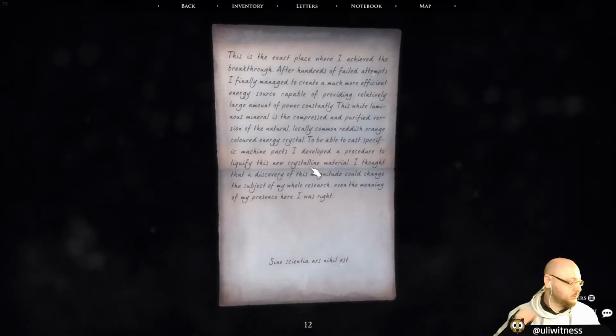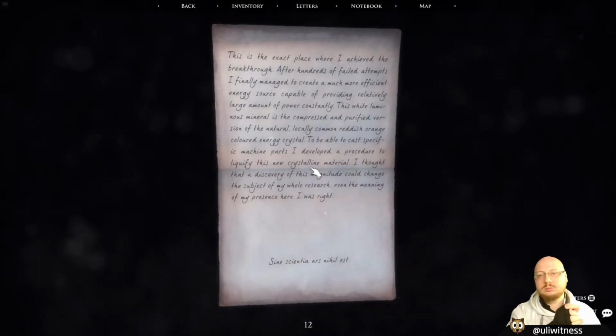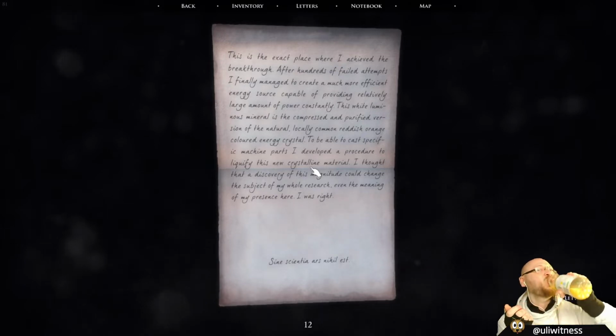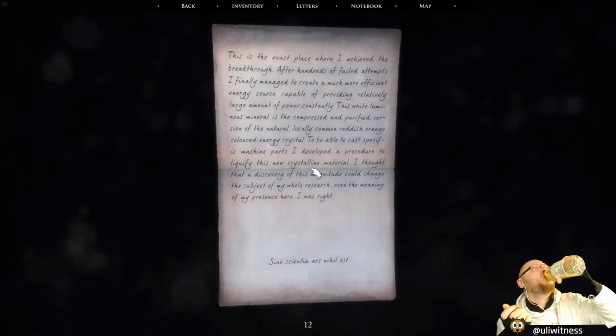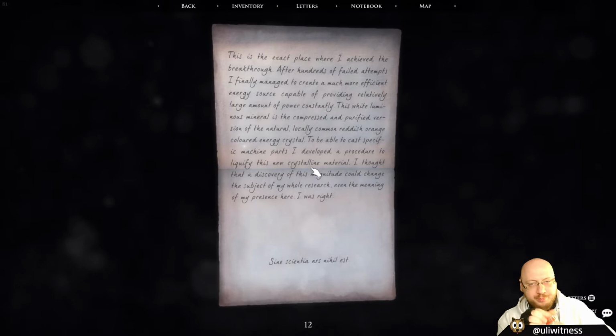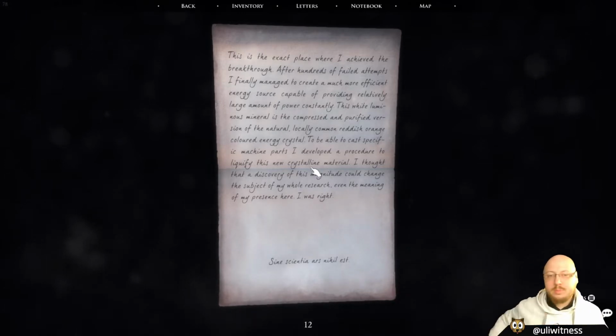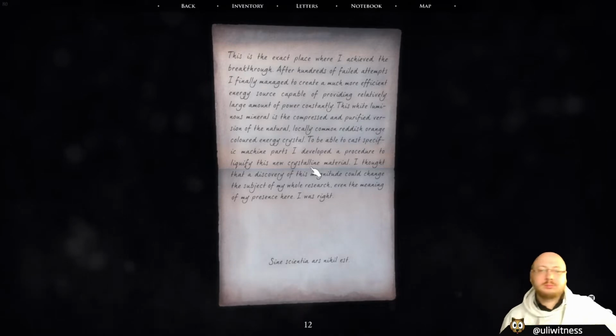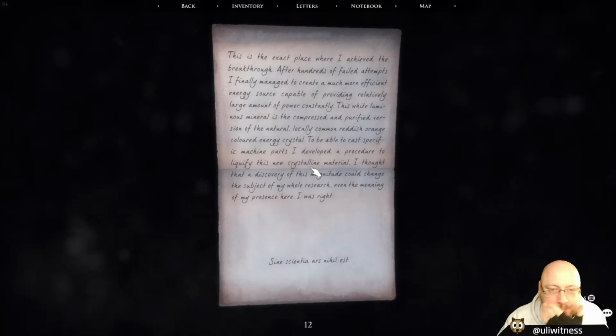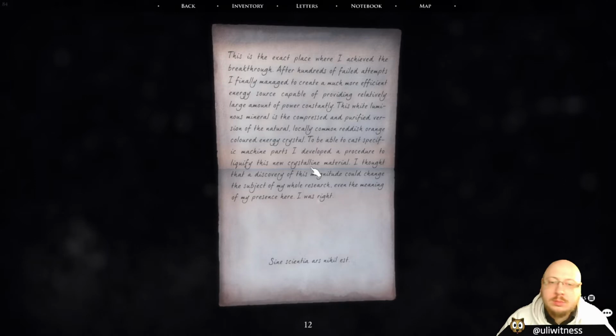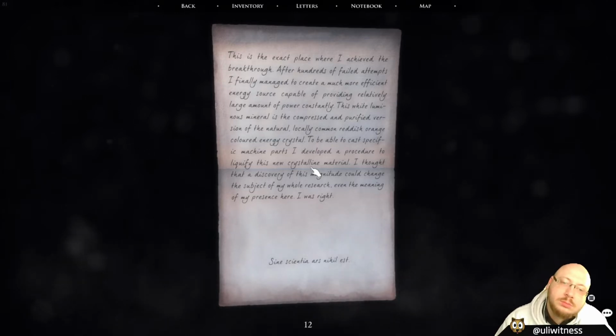This is the exact place where I achieved the breakthrough. After hundreds of failed attempts, I finally managed to create a much more efficient energy source, capable of providing a relatively large amount of power constantly. This white luminous mineral is the compressed and purified version of the natural, locally common, reddish-orange colored energy crystal.